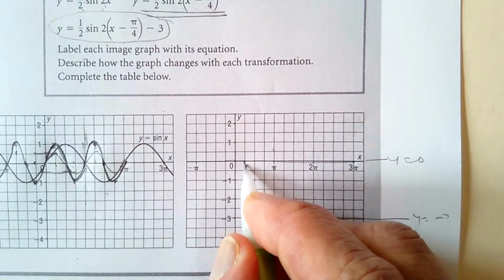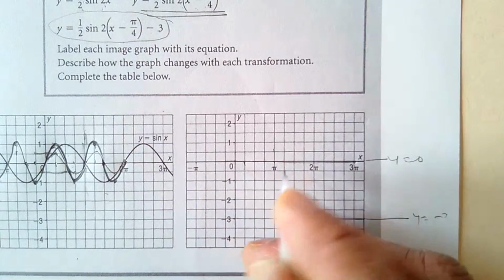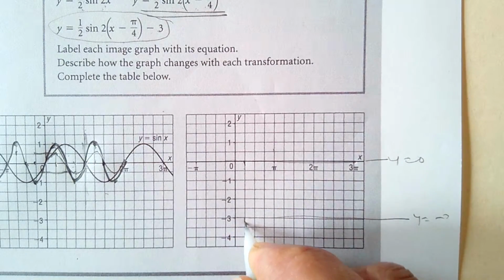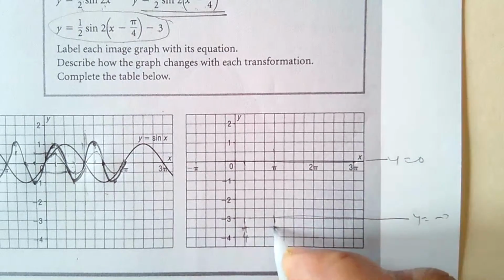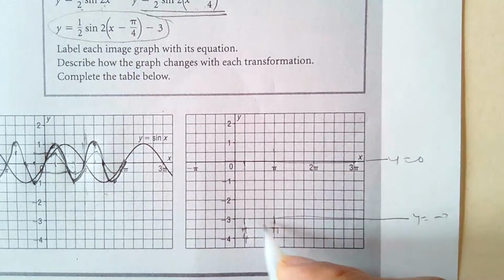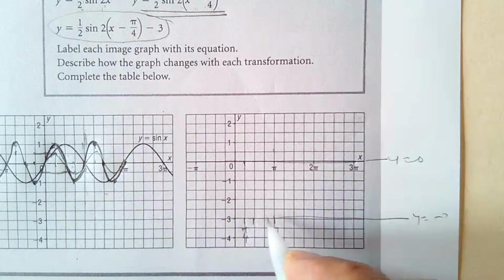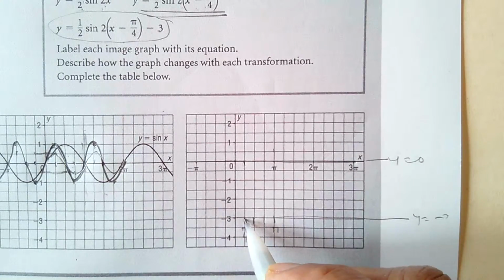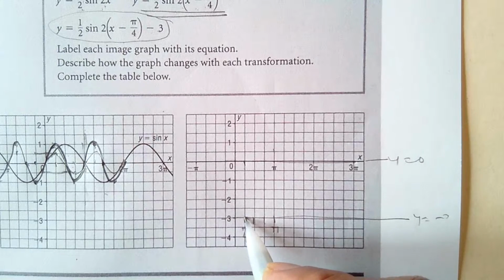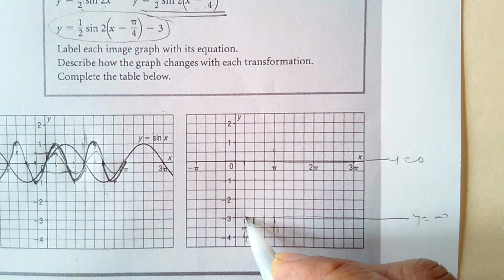So here is your pi over 4. Here's the new pi. Half a pi, 3/4 pi. But instead of starting from 0 here, it's starting at this point here.